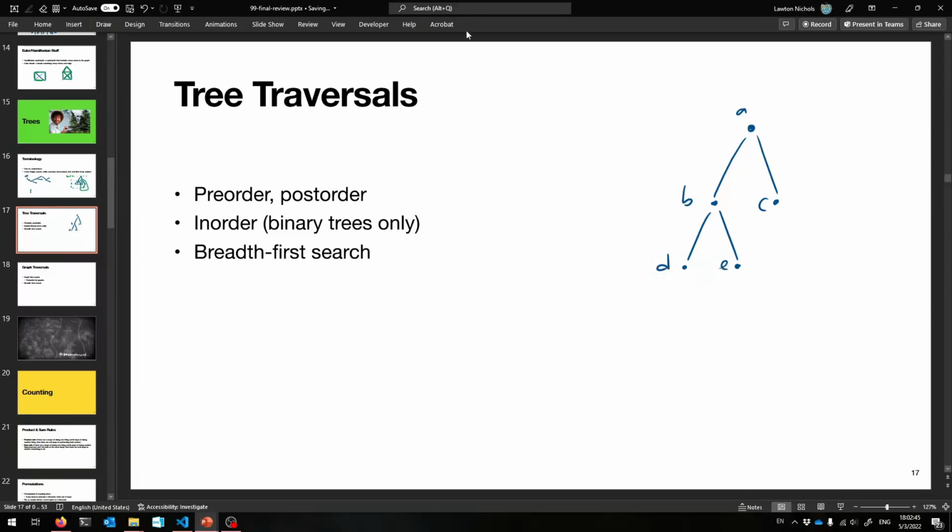And so let's do pre-order and post-order. These are recursive algorithms. Pre and post and in, by the way, mean in which order do we visit the root. Pre means first, right? So it's root, then recursively visit your children. And post means we visit the root last, so children first, then root.